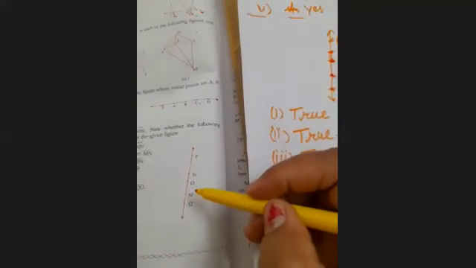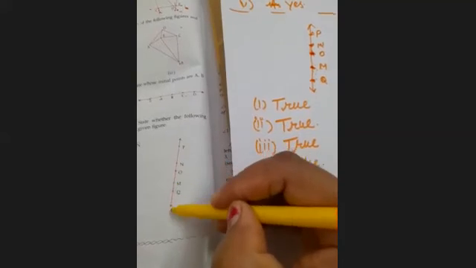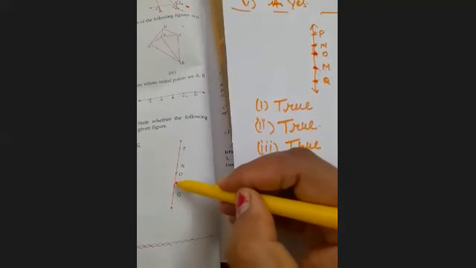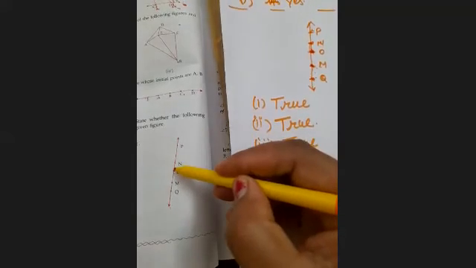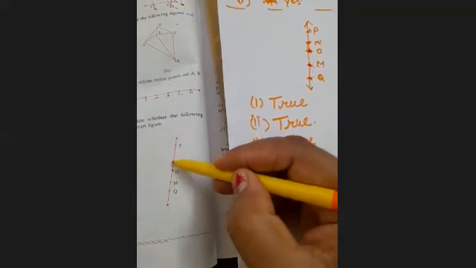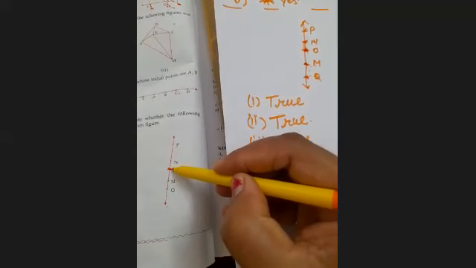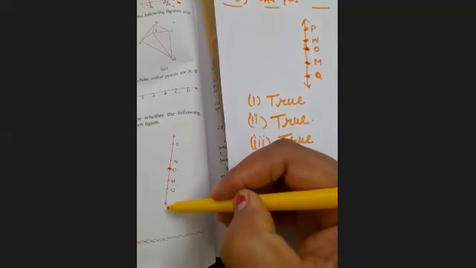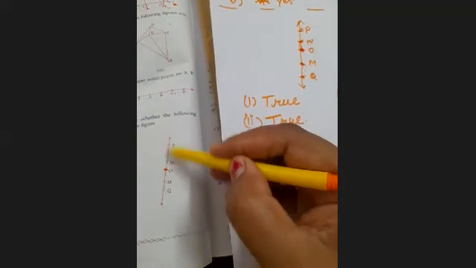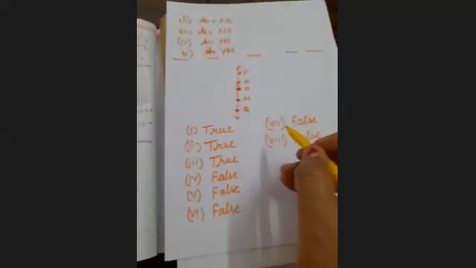The ray OM has its initial point at O. In both rays, the initial point is O, but the direction of OM is down and the direction of OP is upward. So these are opposite in direction. So the statement is false.